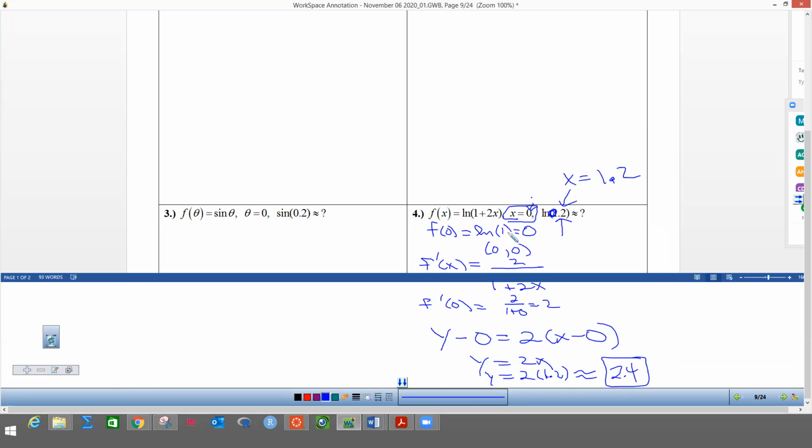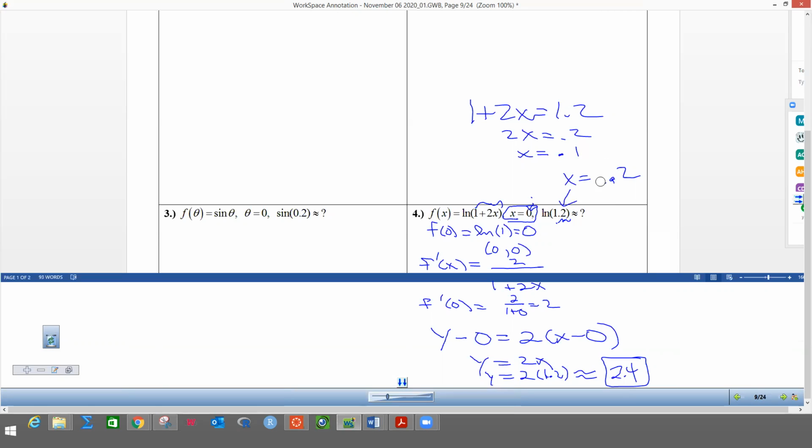Hold on here a second. Let me see this real quick. 1 plus 2x equals 2. Yeah, now that I'm looking at this, since he's got this as my function and he's saying this is 1.2 here, I am thinking he's going to want us to, let's see, that'd be what, 0.1?